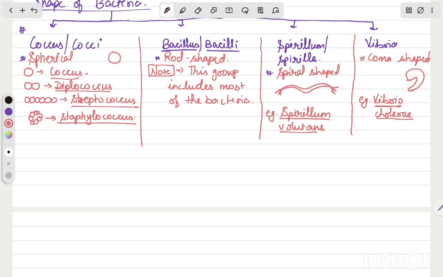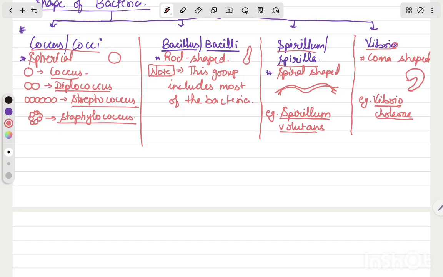This is just the shape of the bacterium. If the bacterium is spherical, then the name is coccus or cocci. If the bacterium is rod shaped like this, then the bacterium is bacillus or bacilli. If the bacterium is spiral shaped, then it is spirilla or spirillum. And if the bacterium is comma shaped, then the name is Vibrio.